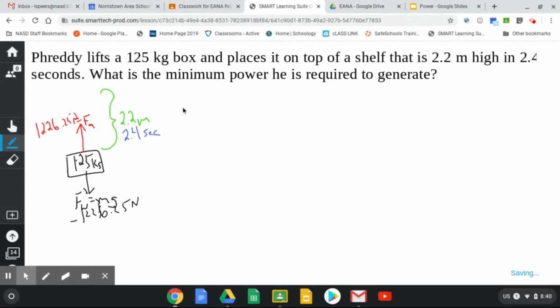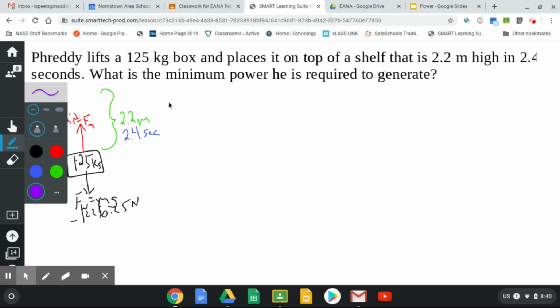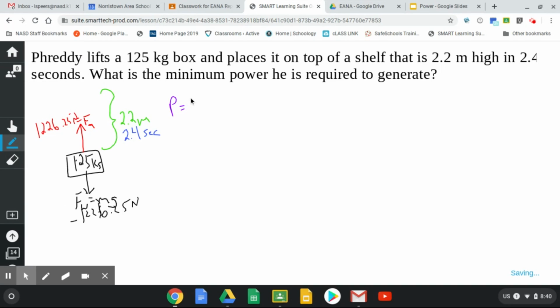So now remembering our definition of power, power is equal to the work done in the time interval. And again, work is force times displacement. So that's force times displacement over time. We know the force he needs to apply is 1,226.25 newtons.